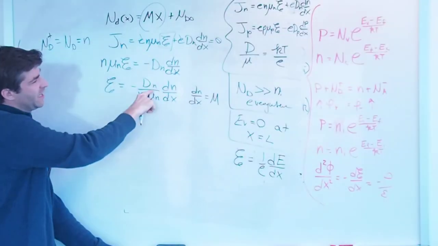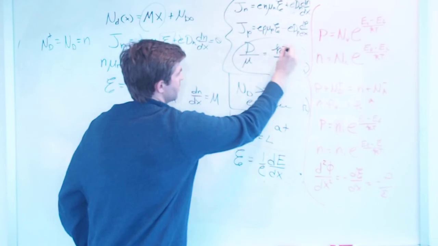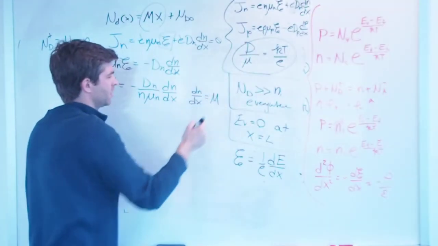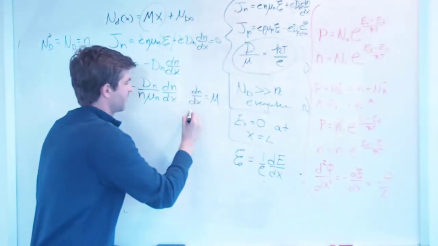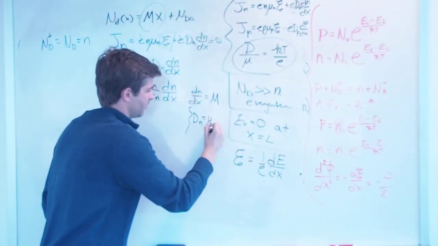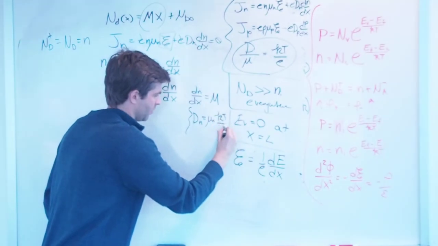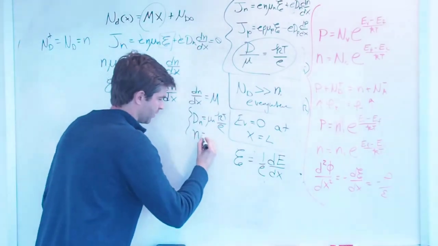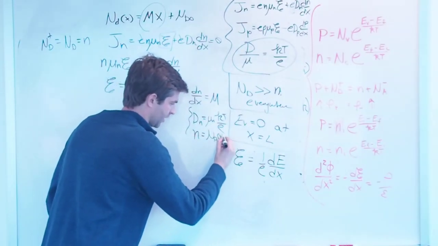And what does D_n equal from the Einstein relation? And this is true for hole and electron. I can say that D_n is equal to mu_n kT over q, right? So now I'm going to rewrite, and n is equal to N_d of x, right?